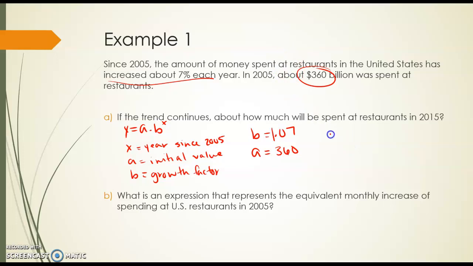So now I need to plug in. y equals 360 times 1.07 to the x. Our x is going to be 10, because I'm going to take 2015 minus 2005. It's been 10 years. So we'd have 360 times 1.07 to the 10th power.